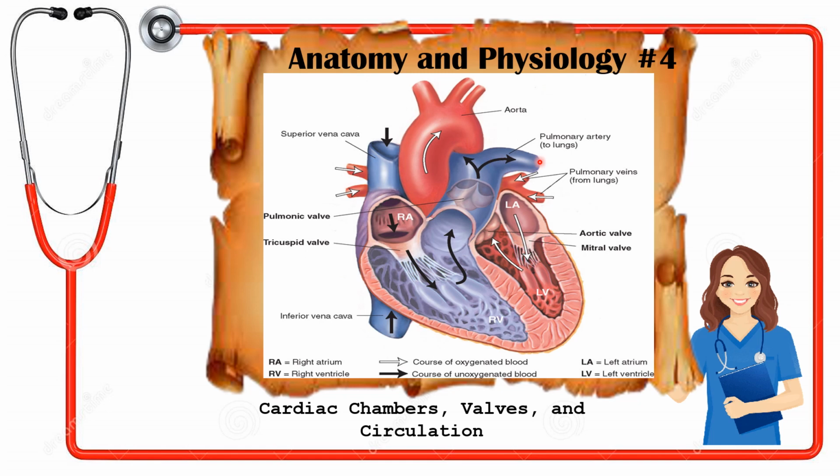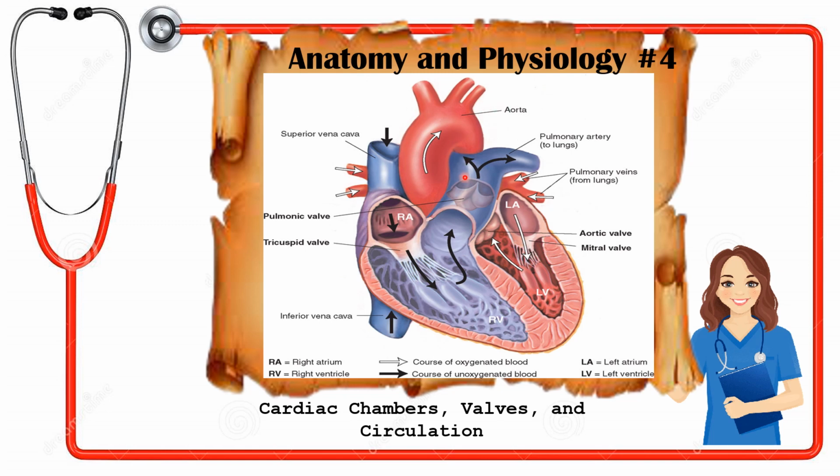which then pumps it through the pulmonary valve into the pulmonary artery, and it goes to the lungs for oxygenation. After passage through the lungs, the oxygenated blood returns to the left atrium through the pulmonary veins, and it passes through the mitral valve into the left ventricle. Then it is pumped through the aortic valve into the aorta for distribution of oxygenated blood throughout the body.